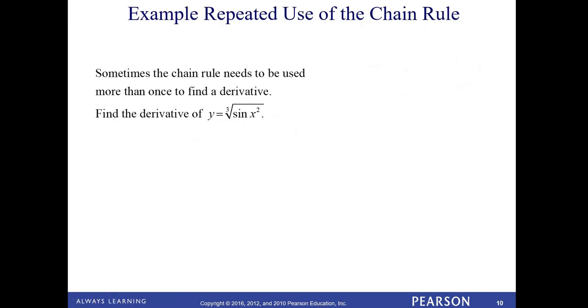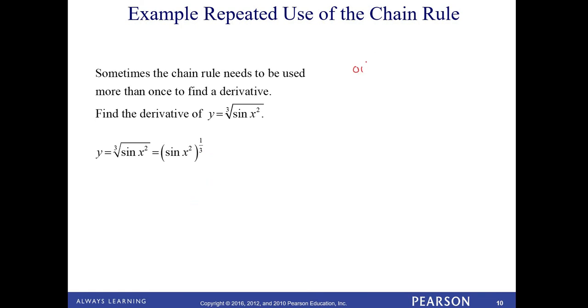Alright, sometimes the chain rule needs to be used more than once. Let's look at this. There are 3 different functions here. I want you to see if you can determine, before I tell you, what the outside function, the middle function, and the very inside function is. So take a look at it and see if you can figure it out. Alright, rewriting it this way helps a little bit. So taking that cube root and writing it as a 1/3 power so we can use our power rule.